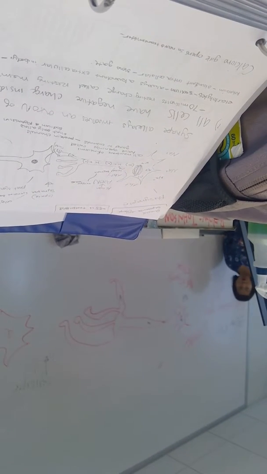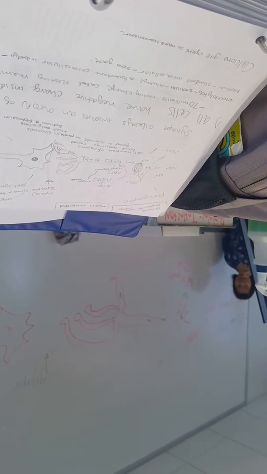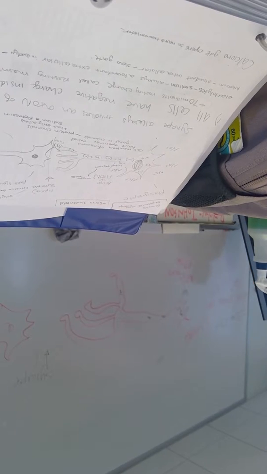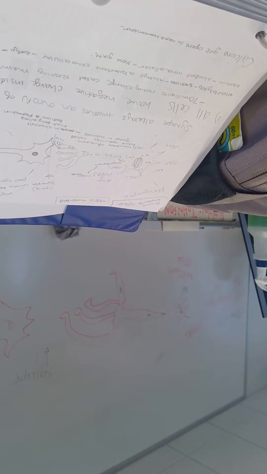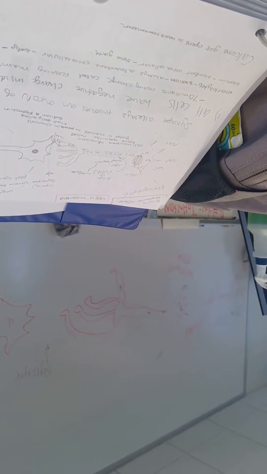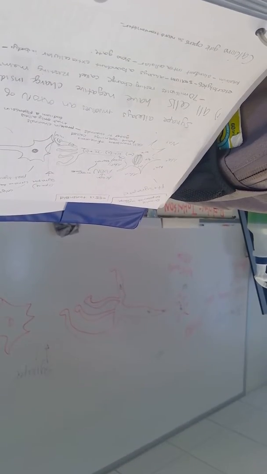Now, when there's a stimulus, any stimulus will result in opening of more sodium and potassium gates. But those gates have a name, right? We'll call them chemical or mechanical gates.